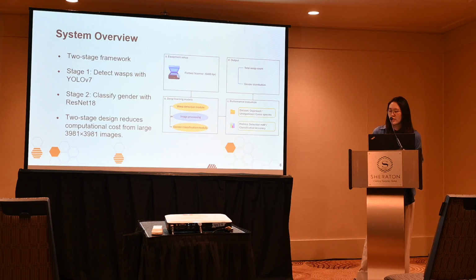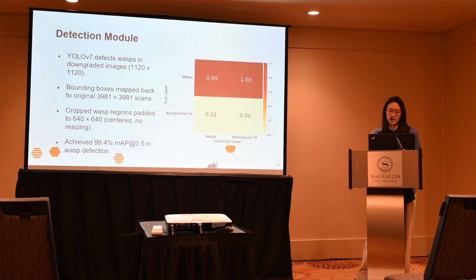This two-stage setup matters because the raw images are huge, almost 4,000 by 4,000 pixels, and processing the entire image at once would be inefficient. By detecting the wasps first, we reduce the computational load and focus only on the relevant regions for the classification.